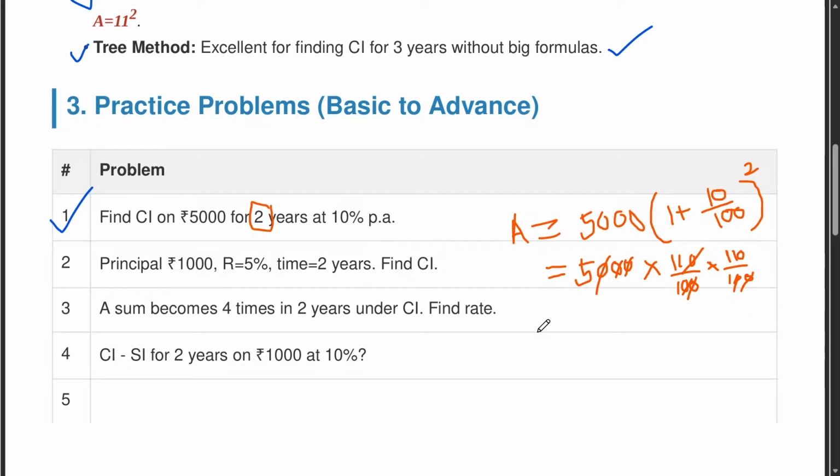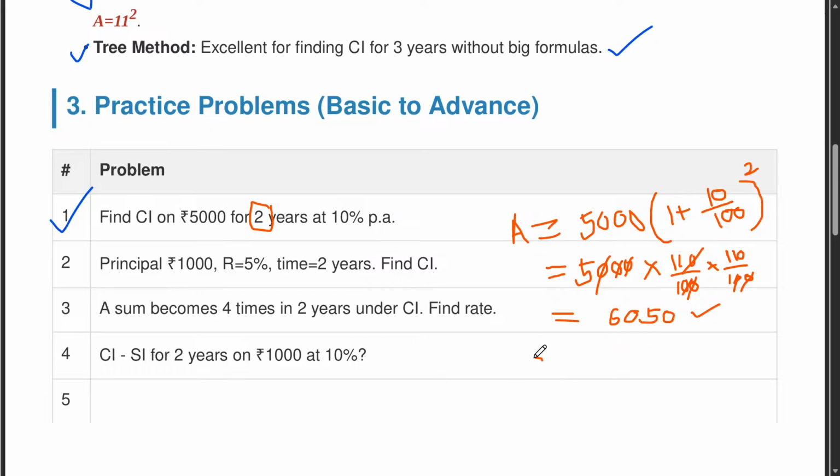So we get 5 into 11 into 11. So 11 multiplied by 11 is 121. And 121 multiplied by 5 is 605, and one more 0. So the amount is 6,050 rupees.